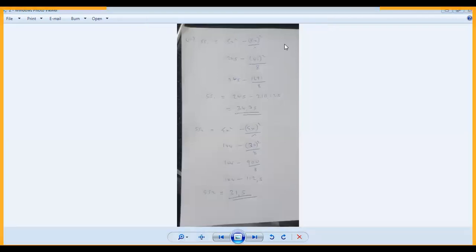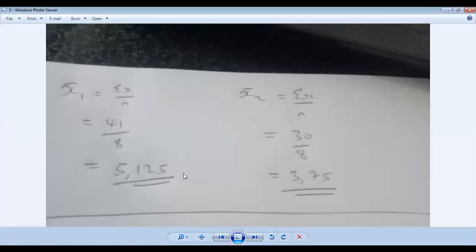We now go to the next step in our calculation. There we are. We need to find the mean for the two groups. The mean for group number 1, x bar 1, is equal to summation of x over n, which is 41 over 8.